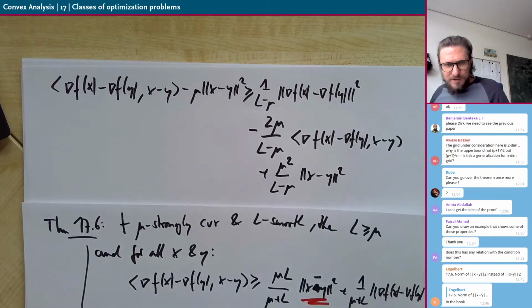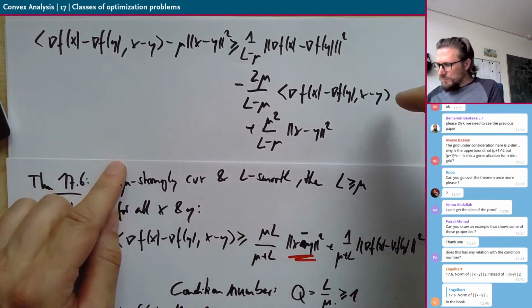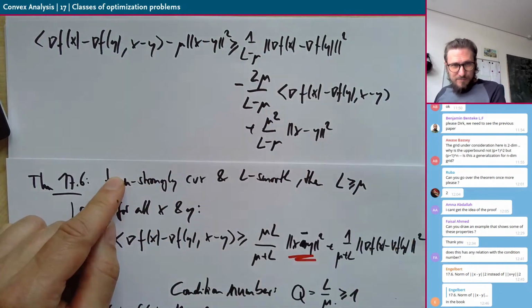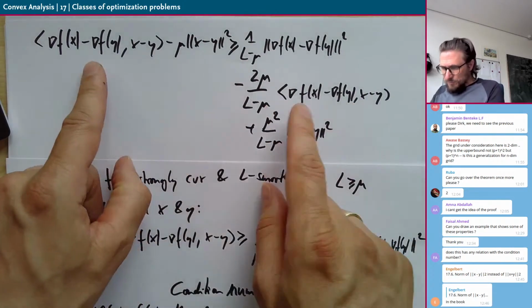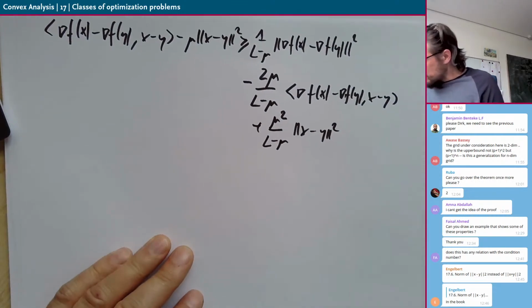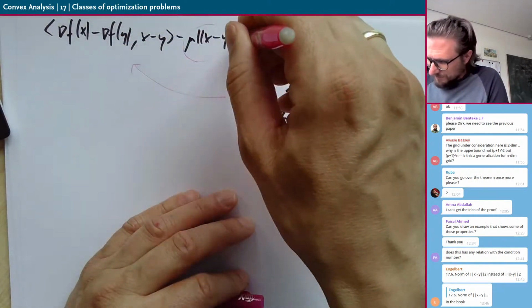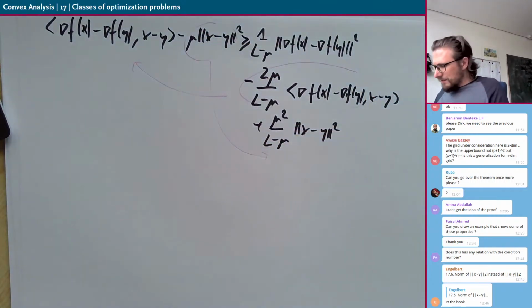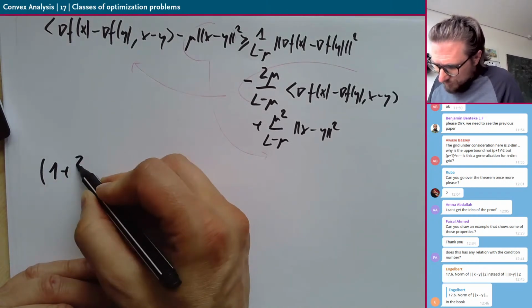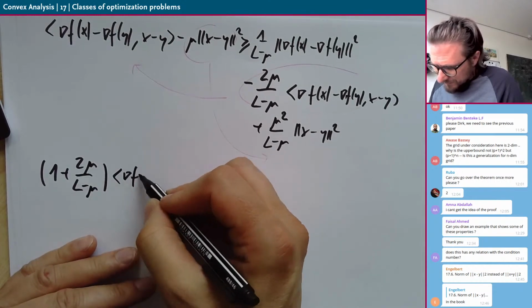Okay, so what did we want to prove? We wanted to prove some inequality where we just have this on the left hand side. So what we do is we bring this to the left hand side, this to the right hand side, and then we divide by the coefficient of this, and see if we get that here. So we take this and bring it to the left, we take that and bring it to the right. So what do we get? We get here 1 plus 2 mu over L minus mu times the gradient difference.